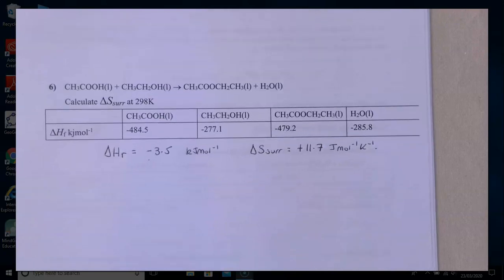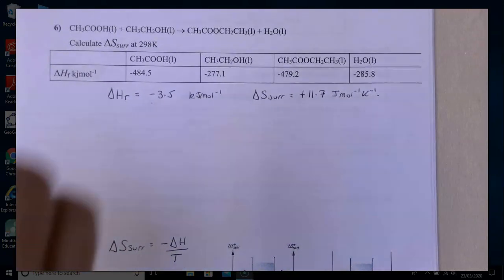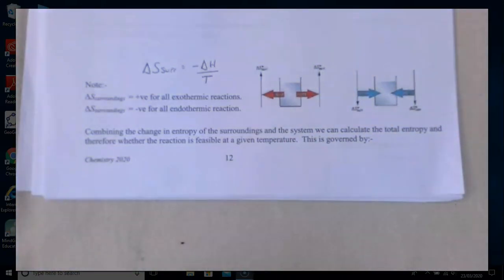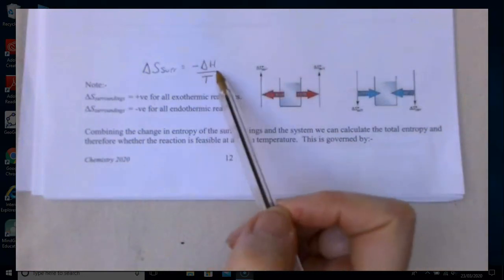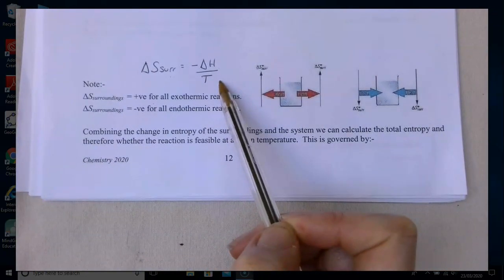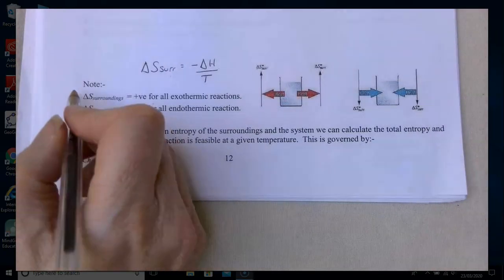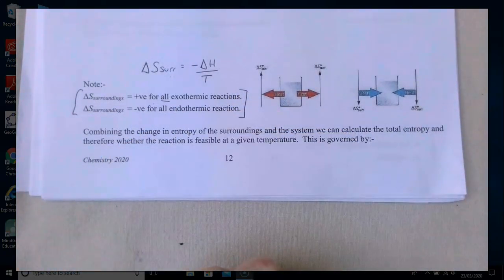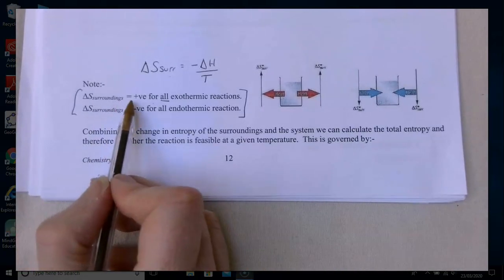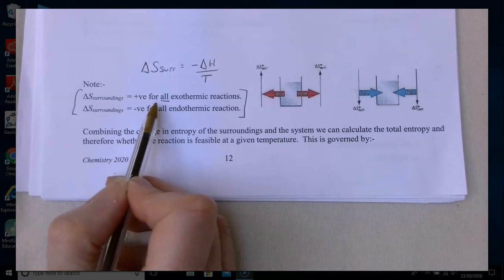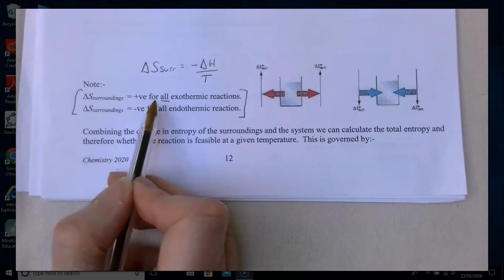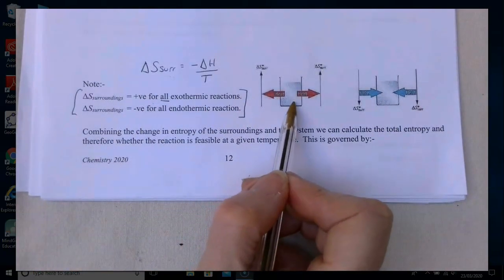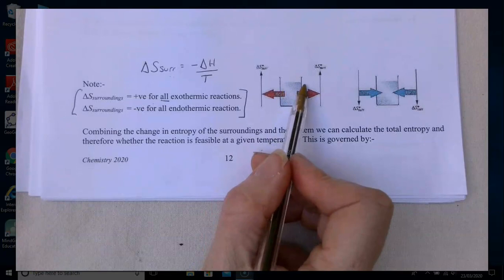Now, very importantly at the bottom, we've got our last bit, which is basically the summary of this section. This is very important. Delta S surroundings is equal to minus delta H over T. Now, this is the important bit: for all exothermic reactions, the delta S surroundings will be positive, because in all exothermic reactions, energy is coming out from the system into the surroundings.